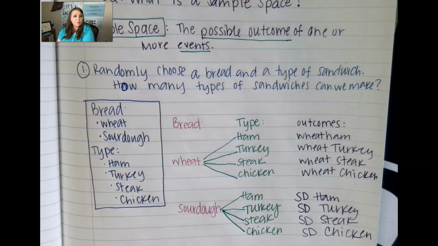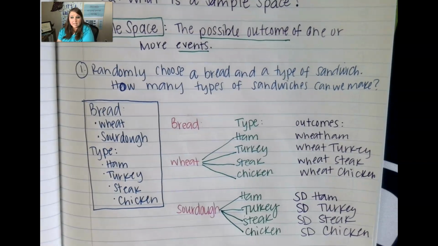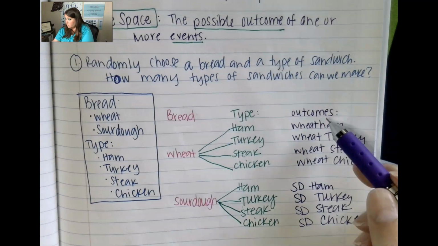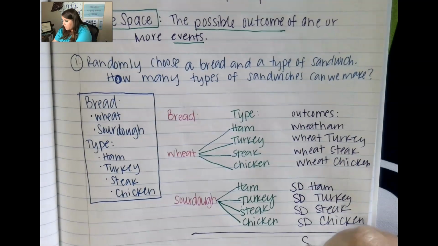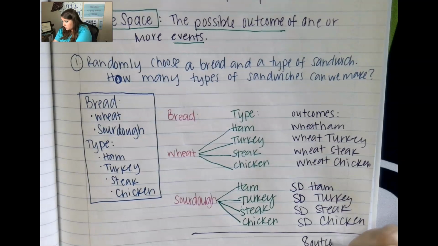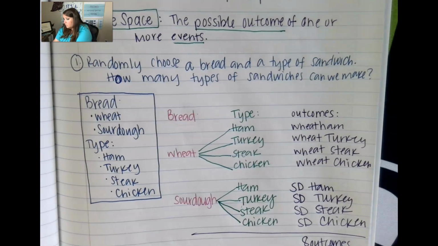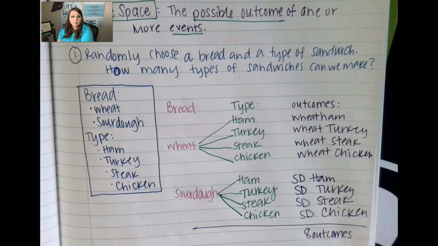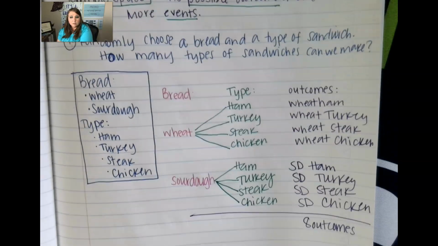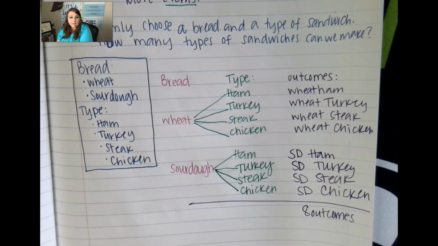So in this sample space, there are 8 different outcomes. 4 here and 4 here, which gives us a total of 8 outcomes. And in our 8 outcomes, there are 8 different sandwiches possible. So 8 sandwiches, 8 outcomes.